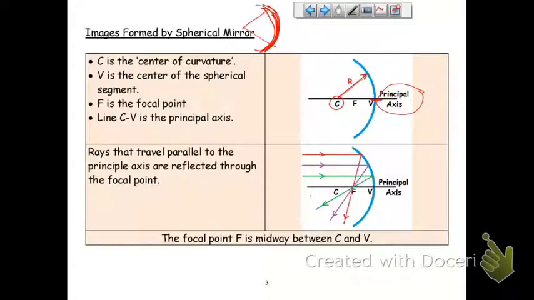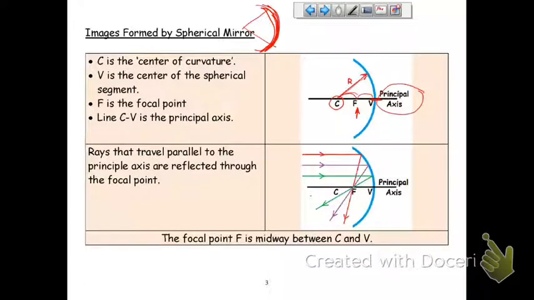And it turns out that halfway between V and C is the focal point, which is really, really important. I actually care about the focal point more than I care about the center of curvature.